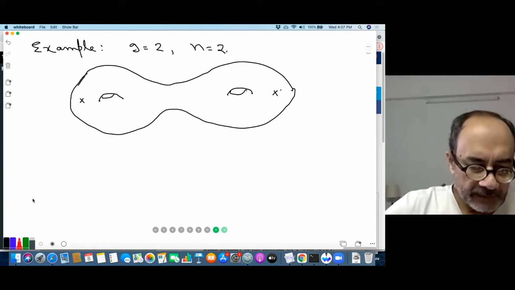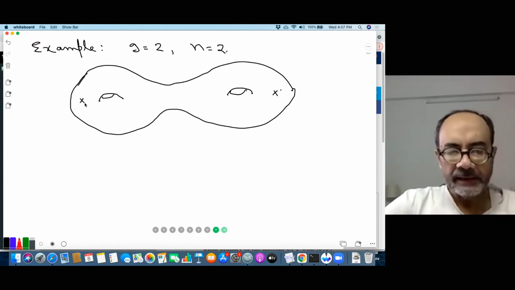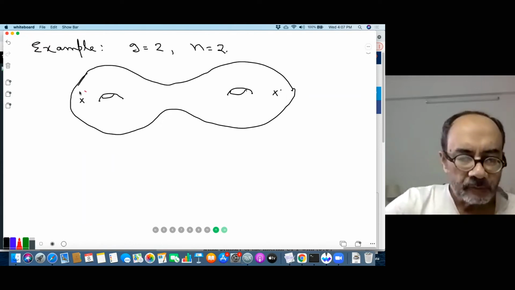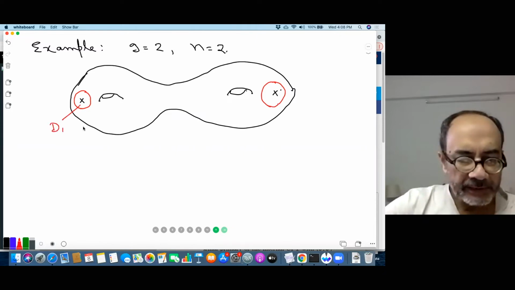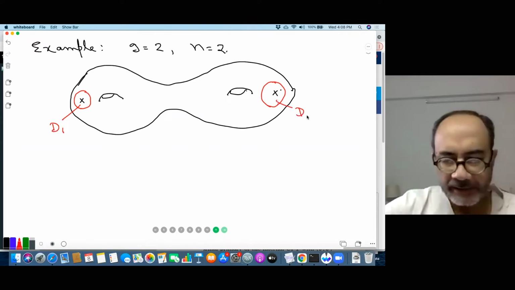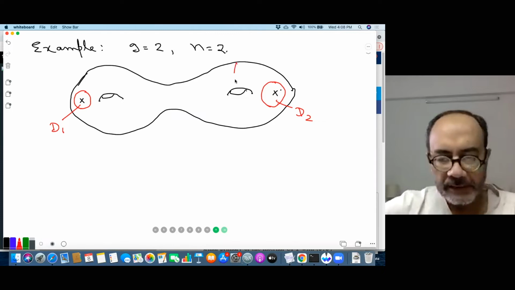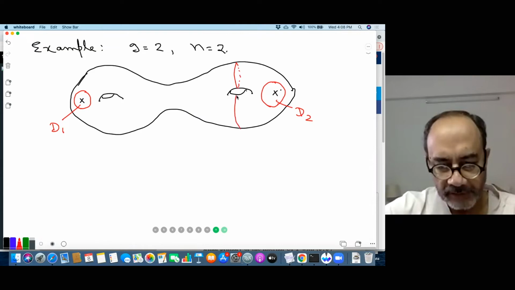So now let's start drawing the circles, which will divide the disks and spheres. So around each puncture there is a disk. So let me draw those disks. So the interior of this is what I'm calling D1. The interior of this is what I'm going to call D2. Then we have to divide this into spheres with 3 holes. So let's draw some holes, some circles.